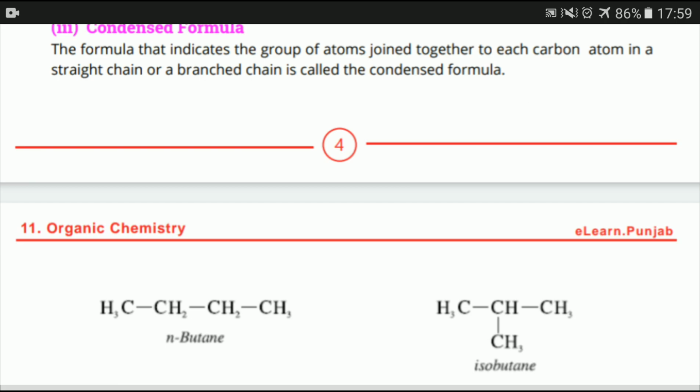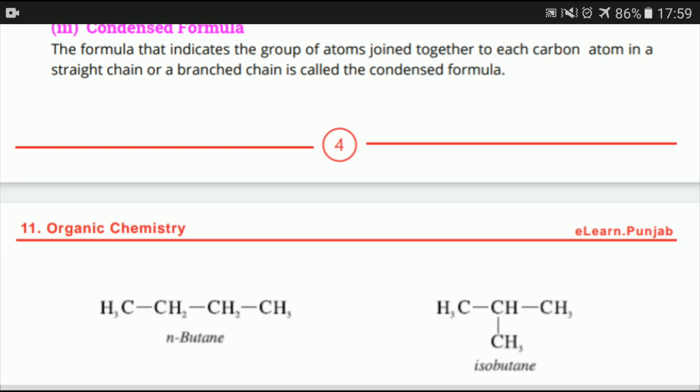Now in N-butane structure, H3C, bond CH2, bond CH2, bond CH3. In the first group of atoms, carbon has 3 hydrogen atoms. In the second group, carbon has 2 hydrogen atoms because the other 2 bonds are attached with carbon atoms.